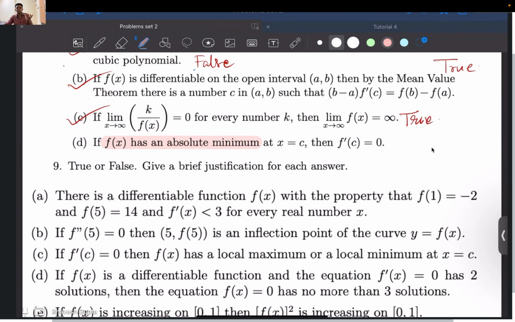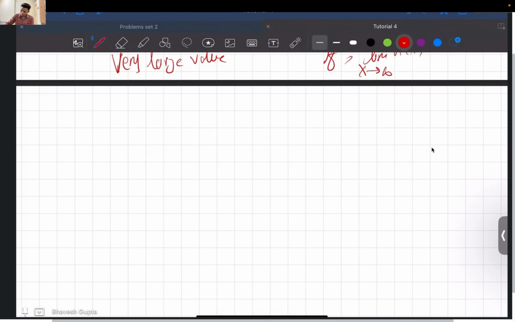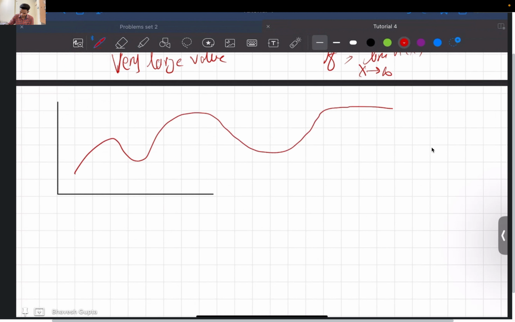That means the function takes a minimum value at that point, at x equal to c. But my issue is, you might have a situation, for example, let me draw a picture for that. Let's say you have this x equal to c, for example, and you have these other maxima and minima.